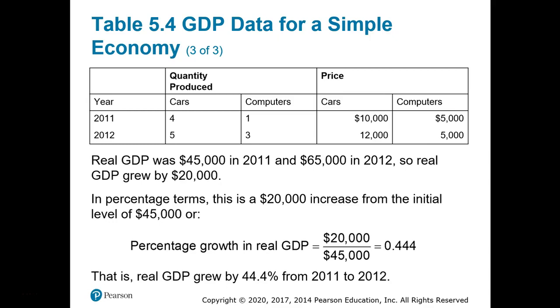We can see this percentage growth if we take that increase, 65 minus 45, a 20,000 change in GDP, and divide it by our base year, 2011's GDP. We get 0.44, or a 44.4% increase.